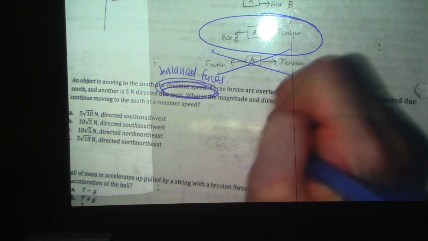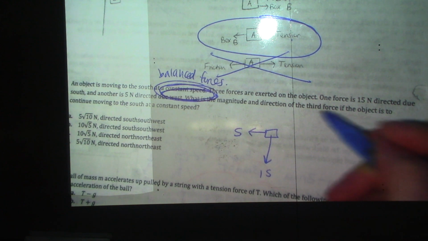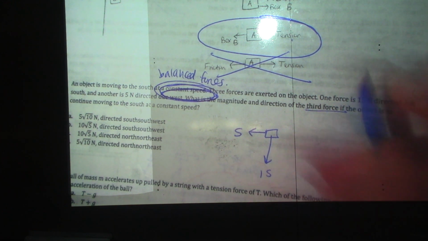5, we got an object that is moving south at a constant speed. As soon as you see constant speed, I want you to think balanced forces. I have 3 forces acting on it. I've got 15 newtons south, I've got 5 newtons west, and I want to know the magnitude and direction of the third force, and again, just one force that would make these go at a constant speed, which means balanced.